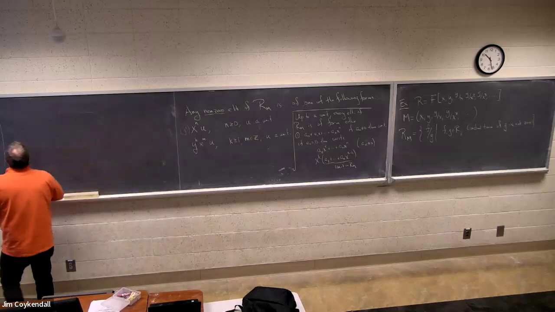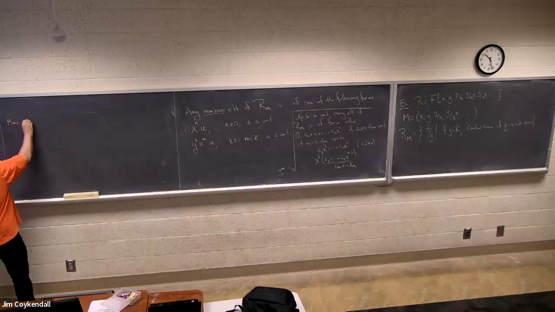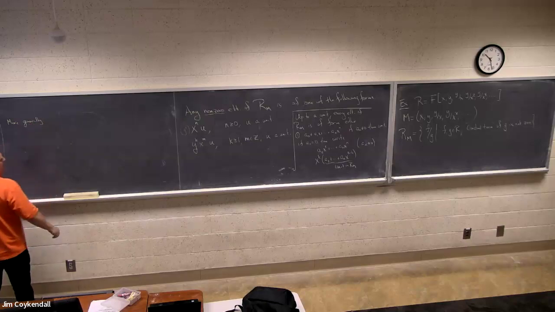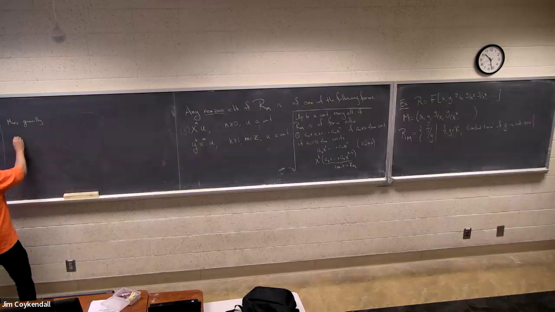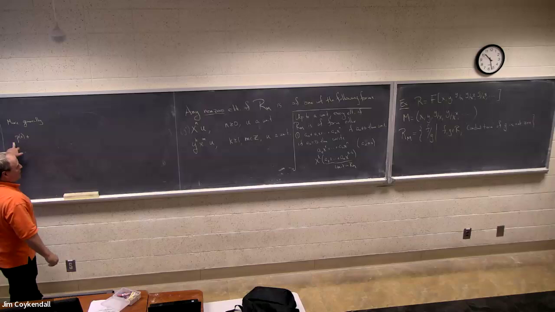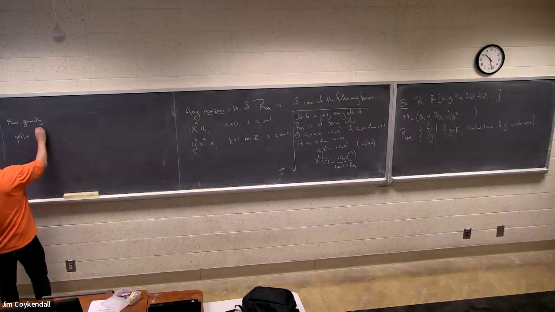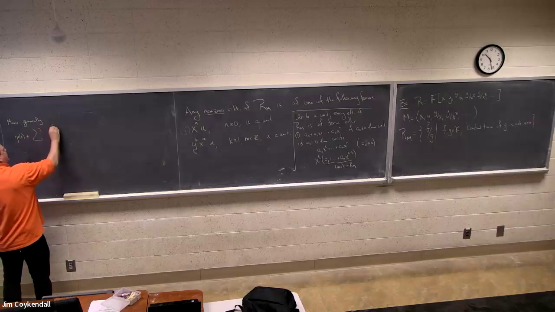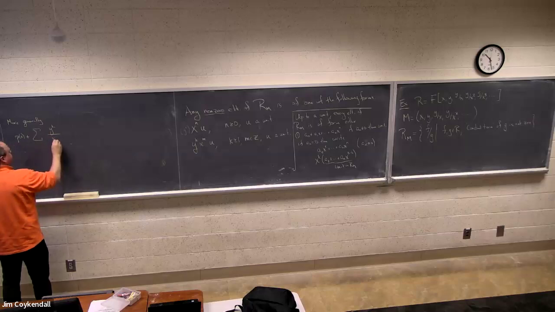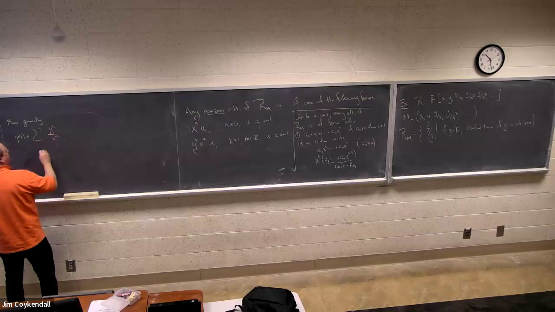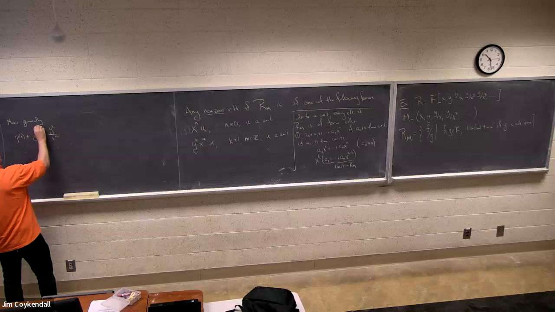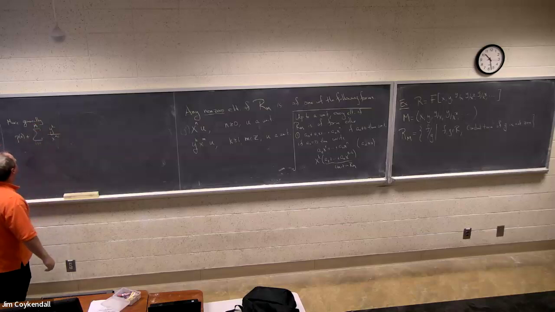More generally, you might expect an element to look like this: a polynomial over only an X plus the sum of Y to the Ki over X to the Mi, where Ki and Mi are integers.